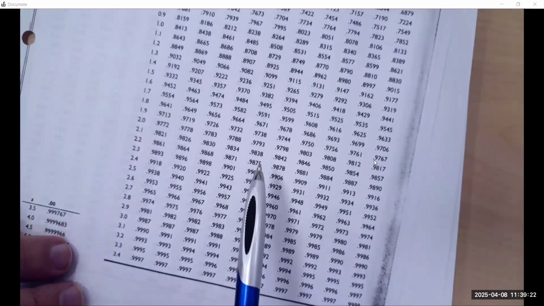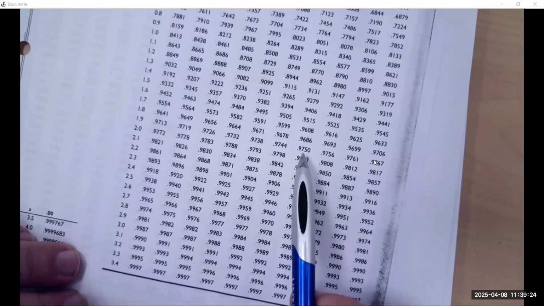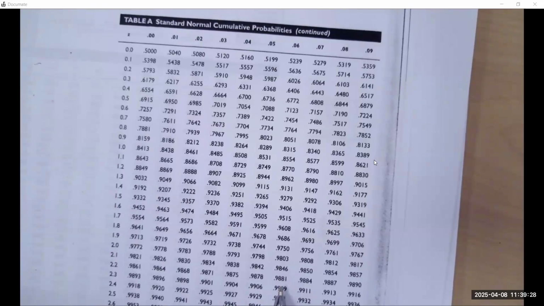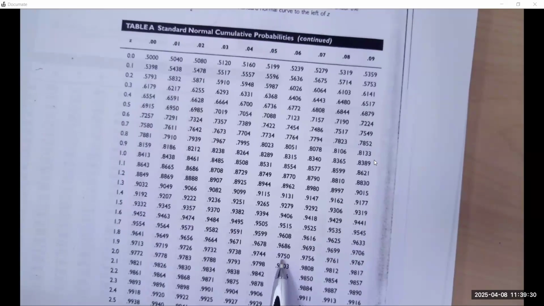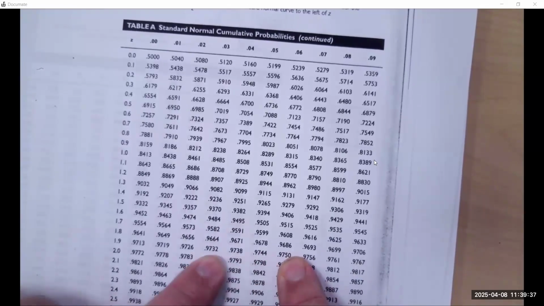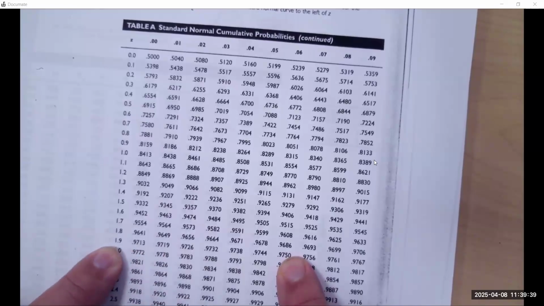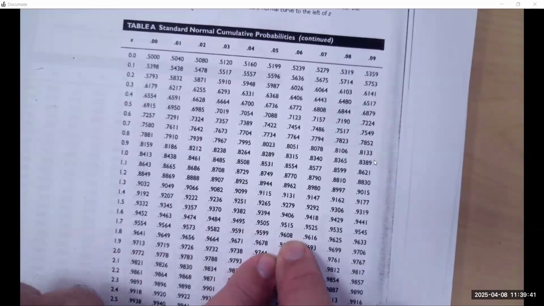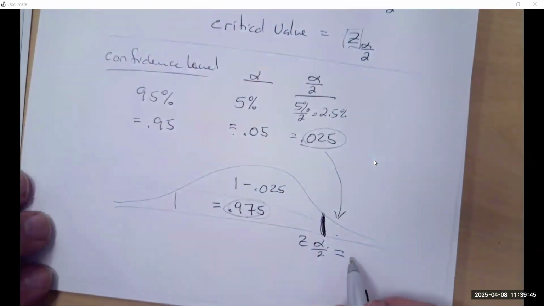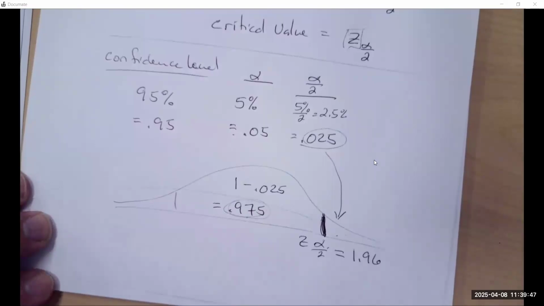No, that's 0.9975. I want 0.975. 9750 right there. So what's my z-value? I go to this side. It's 1.9. And then I go up 6. So my z-value is 1.96.